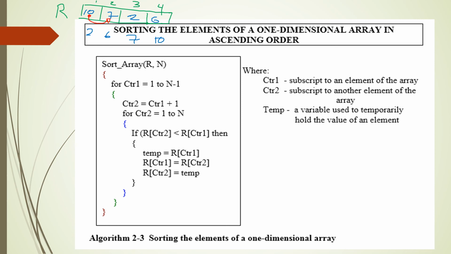Since we are sorting in ascending manner, if the first element is higher than the second element, or vice versa, if the second element is lower in value than the first element, then it would swap. Okay? Swap. That would be 7, 10.